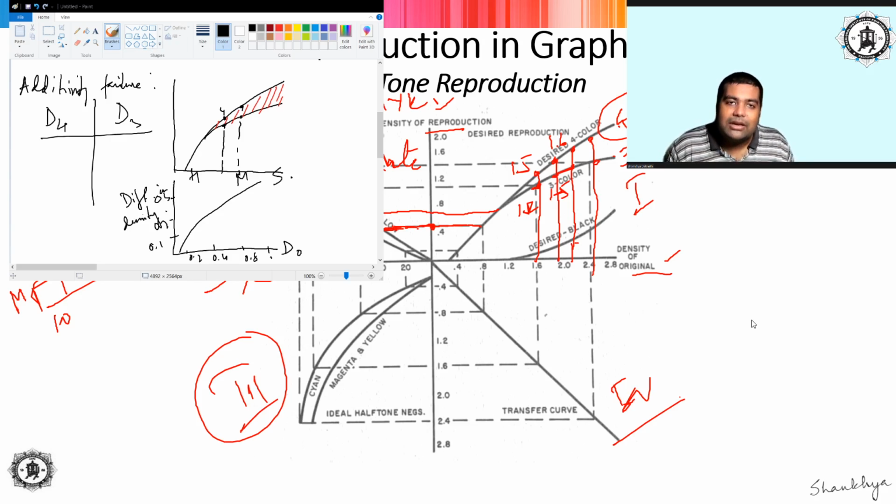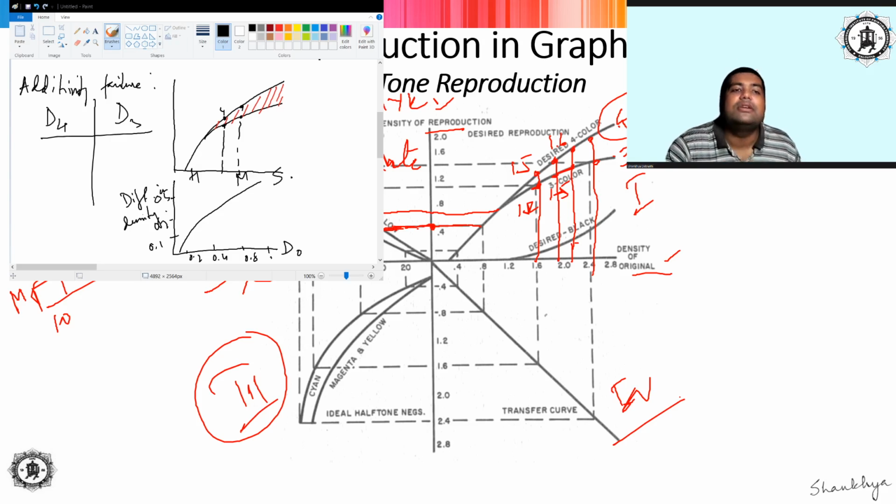Ultimately this is similar to the percentage dot data that was obtained for each of the subtractive colors using a certain method. We have to obtain the black printer data for the negative as well as for the plate using the same principle. So how did we obtain the plate data for other colors?